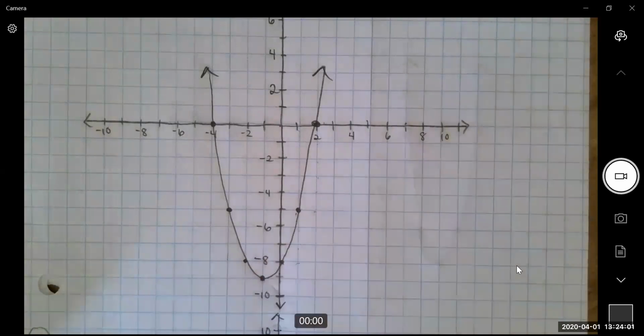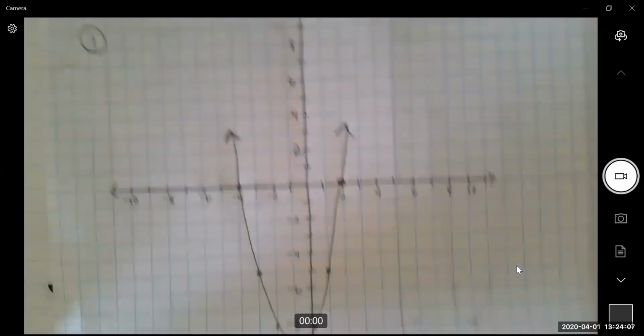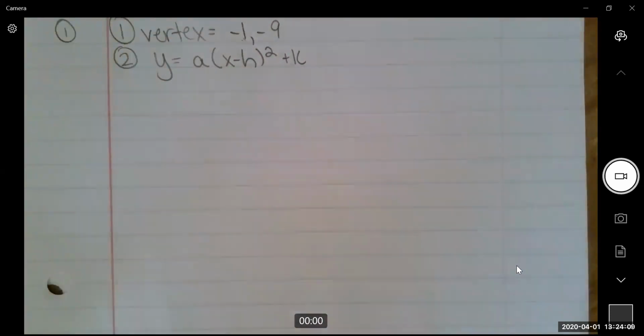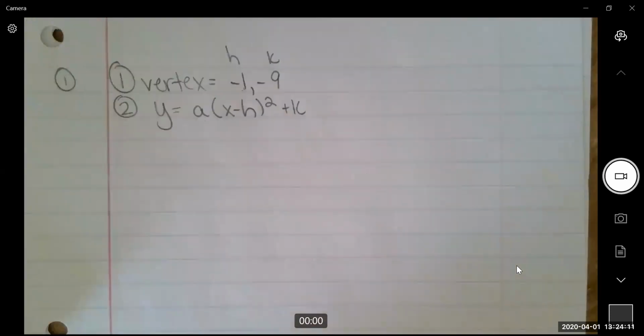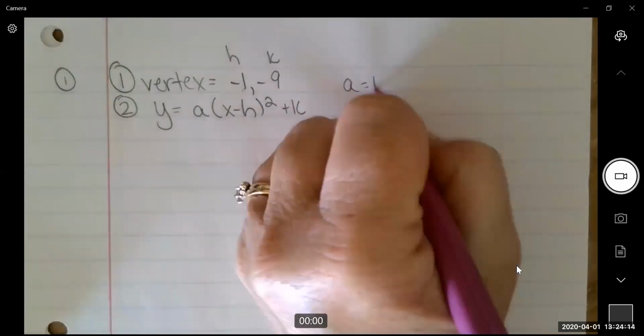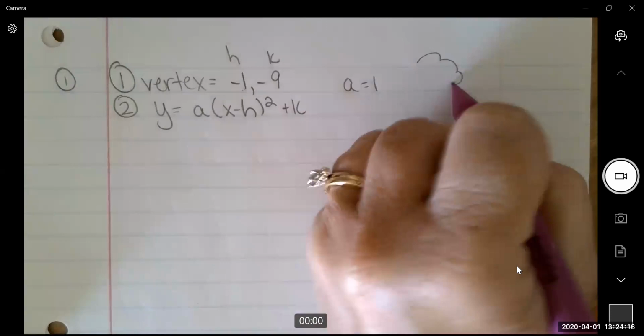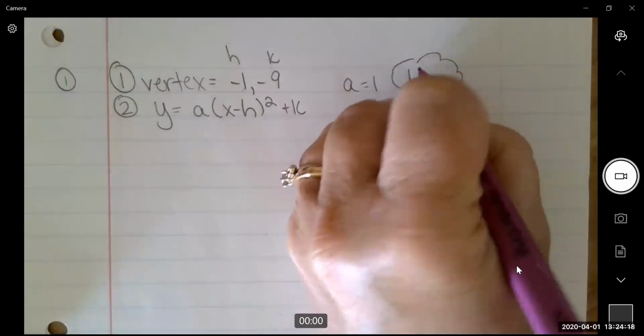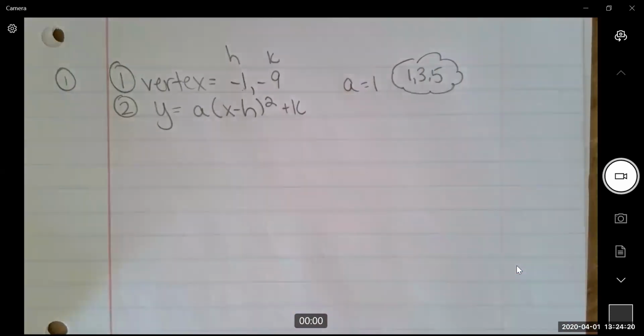So that's following the 1-3-5. That tells me that a has to be 1. So a is 1. I'm going to write this over here: a equals 1. And I'm going to put a little bubble here for you to think about 1, 3, 5 and how the points are moving up the graph.